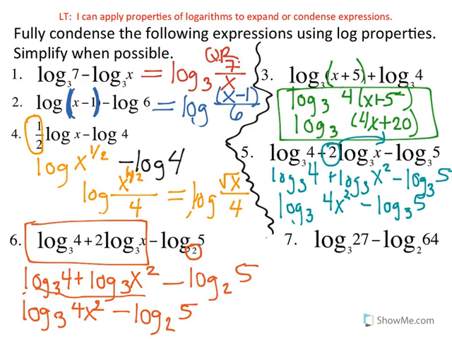Now we have come to a stopping place because I cannot use the quotient rule on these 2 logarithms. They do not have the same base. And if they don't have the same base, then I cannot combine them using any of my rules. So the last thing that I have to think about is, does anything simplify? 3 to what power equals 4x squared? Nope. 2 to what power equals 5?